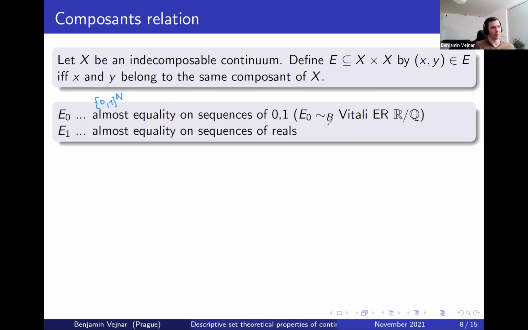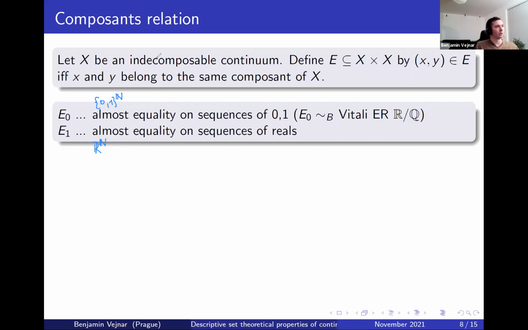Okay, so this is the Vitali equivalence relation, and it has in fact the same complexity as this E0. It is Borel bireducible to that. And the other one is the equivalence relation which is usually denoted by E1. This lives on the countable product of reals. And it is defined in that way that two sequences are E1 equivalent if they are equal on all coordinates up to finitely many, right? So this is what I mean by the word almost.